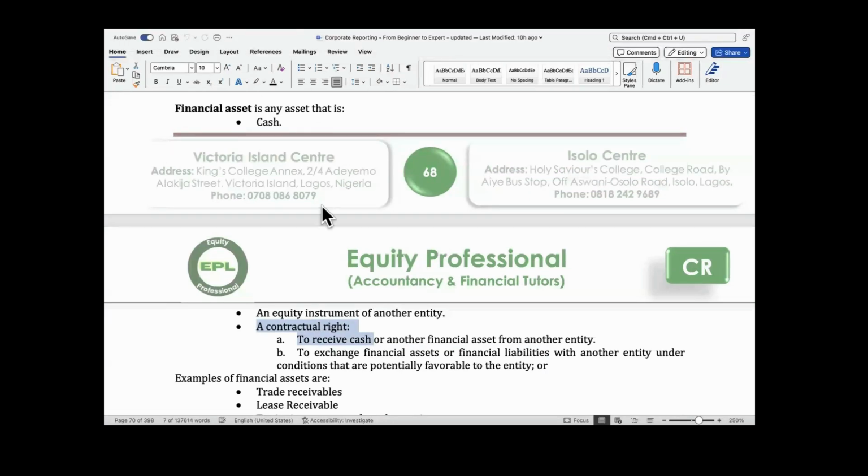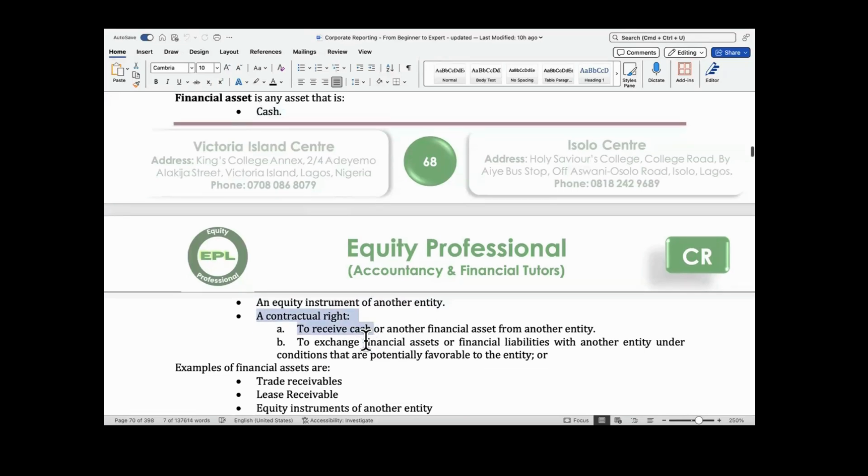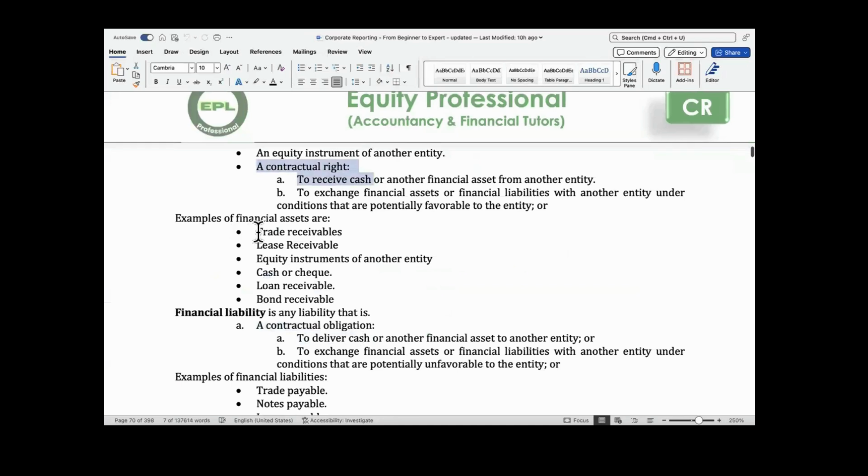It could be cash, it could be investment in the ordinary shares of another entity, and it could be investment in debt, because that's what will give you a contractual right to receive cash, or when you sell on credit. Some examples of financial assets are trade receivables, lease receivables, equity instrument of another entity, cash or check, loan receivable, bond receivable.